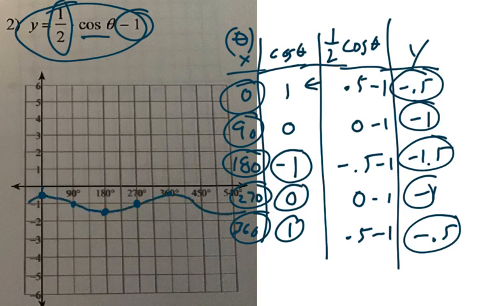Now, notice, guys, because of the 1/2, remember, 1/2 is our amplitude. I'm going to call it big A, or amp for short. That tells you how high it is, how far it goes up and down. See my little red arrows here? That's the amplitude.